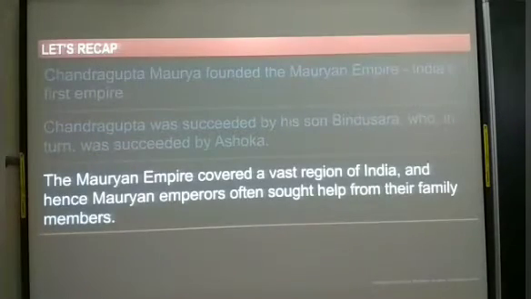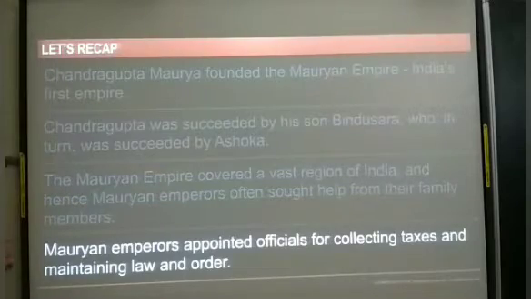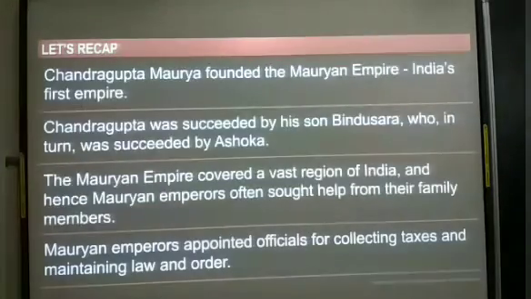The Mauryan Empire covered a vast region of India, and hence Mauryan emperors often sought help from their family members. Mauryan emperors appointed officials for collecting taxes and maintaining law and order.